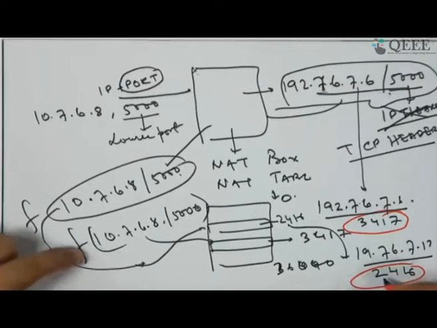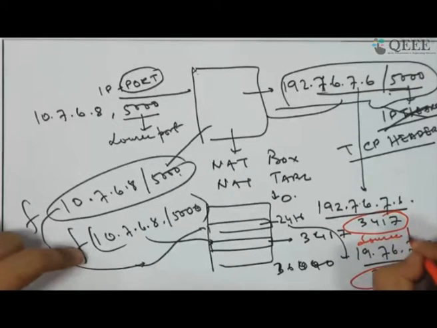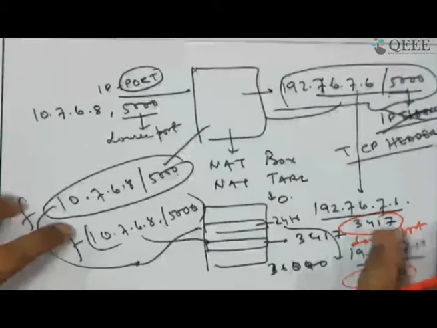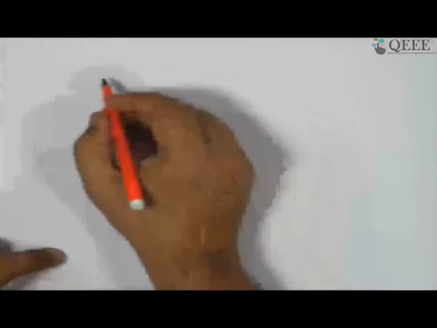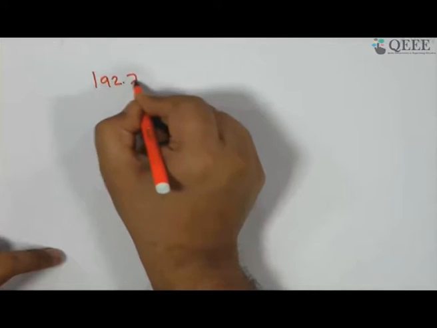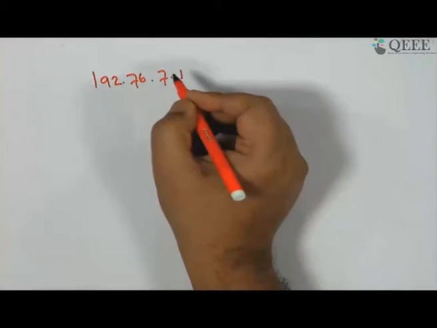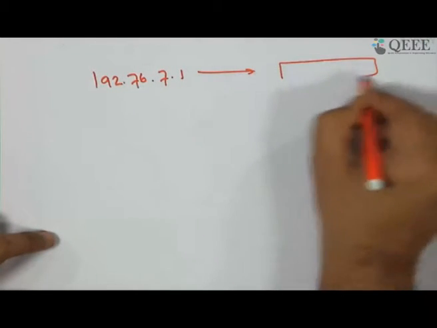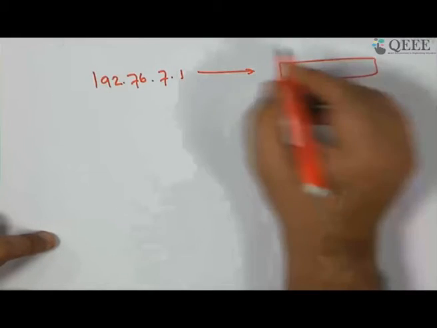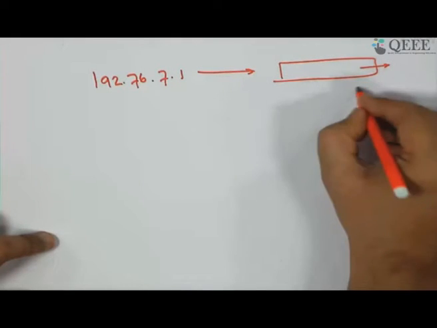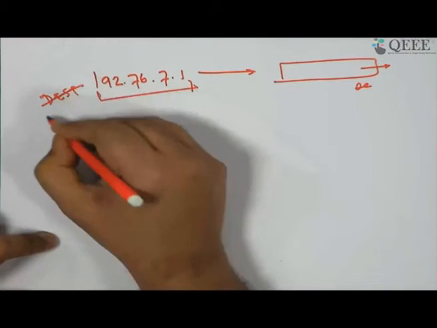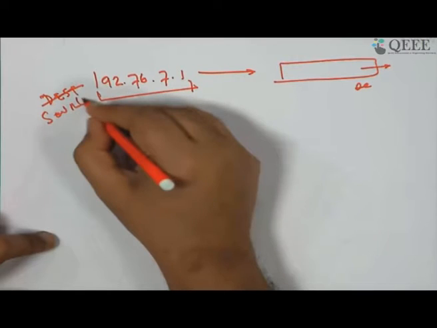Okay. And so this is the source port. So what is happening with this source port? 192.76.7.1 with a source port, you are going to some service. So this is the destination IP, this is the source IP and source port.